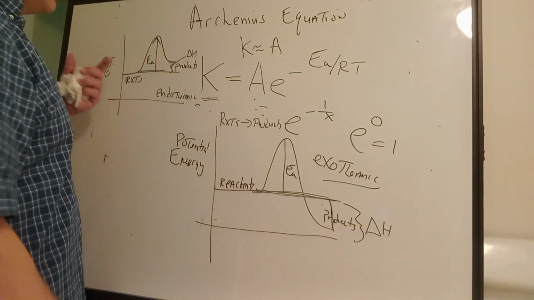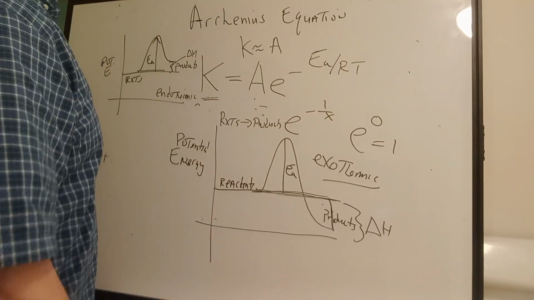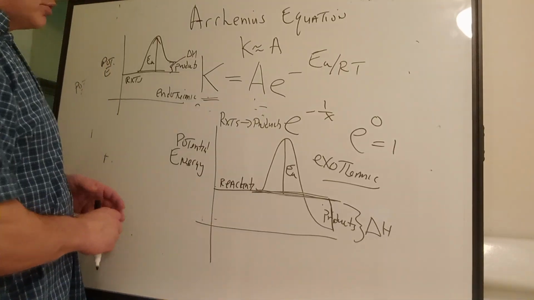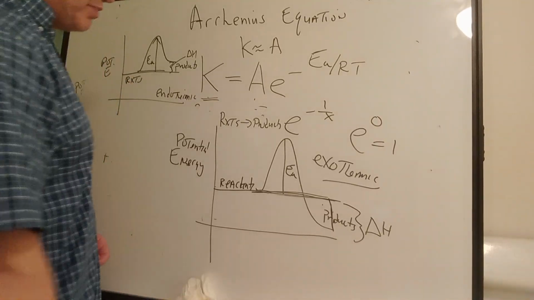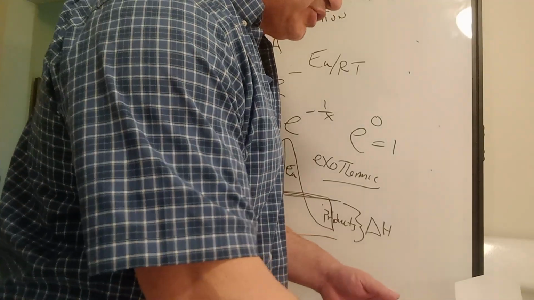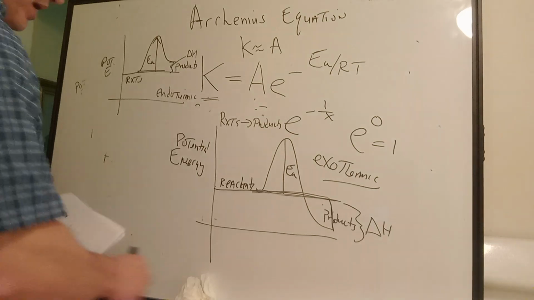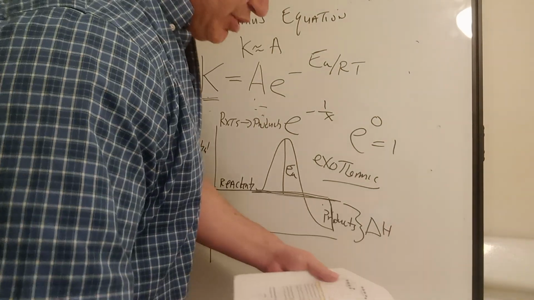You can imagine the system, the chemical reaction, taking in heat from the surroundings. So that would look different, and I often have that on exams. People tend to mix those two things up when they look at diagrams. I'm not sure why.